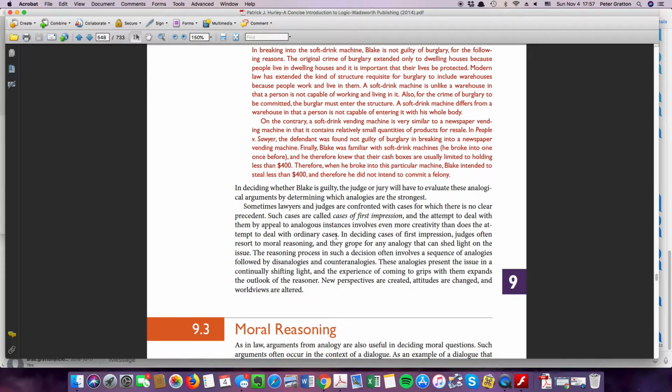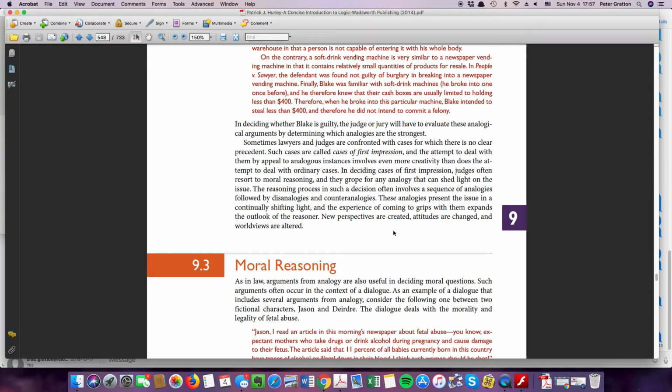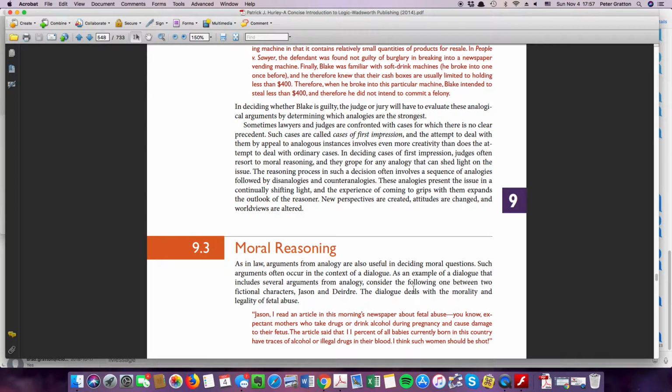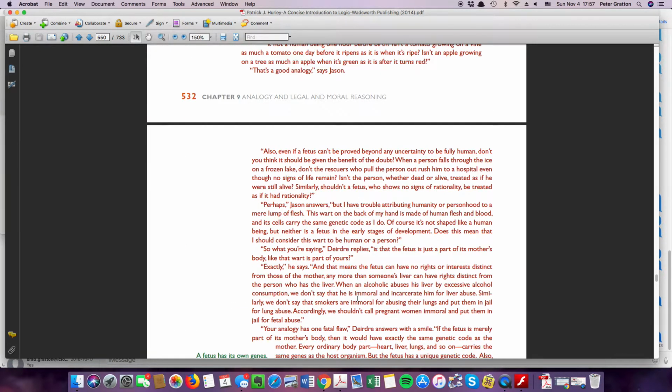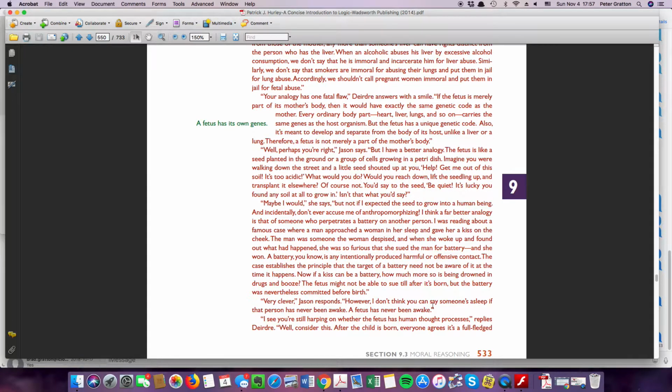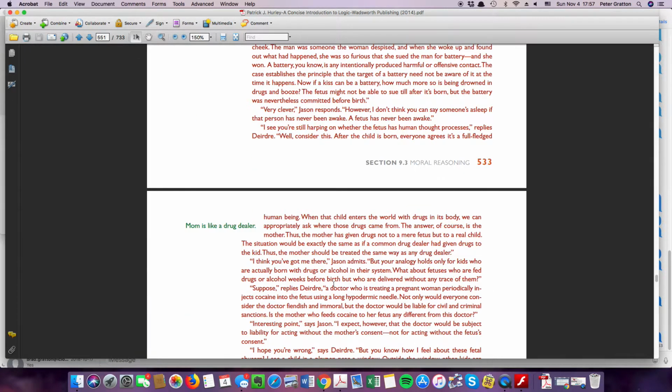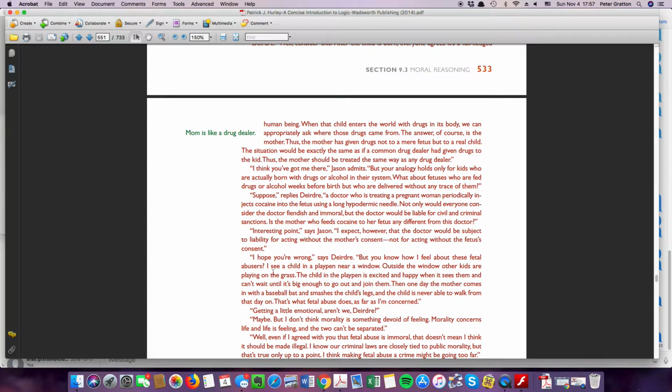Okay, and so you can see that they bring up cases where we look at the similarities and differences between those cases. In moral reasoning, arguments from analogy are used, of course, on moral questions. Such arguments often happen in the context of a dialogue. So they give here a rather long dialogue, but what you'll find on the quiz is: what is an appropriate analogy? Can you make that analogy strong?